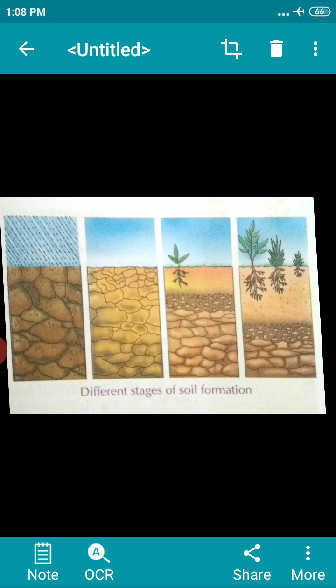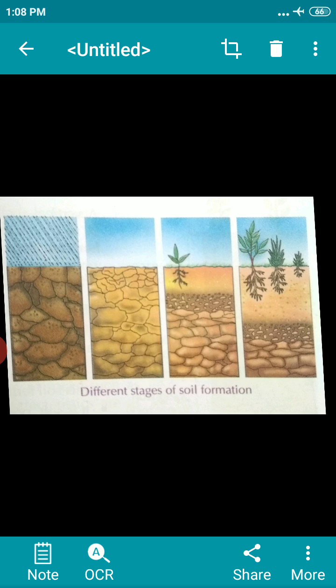Weathering takes place with the help of natural things like wind, water, and the climatic conditions like rain. So how it is formed, we'll see. Soil is formed by breakdown of the rocks by the action of wind, water, and climate.